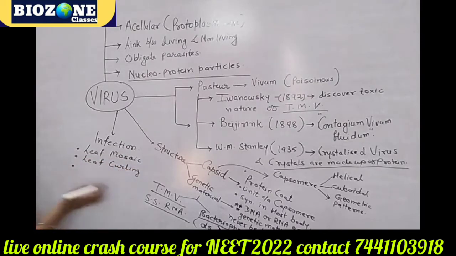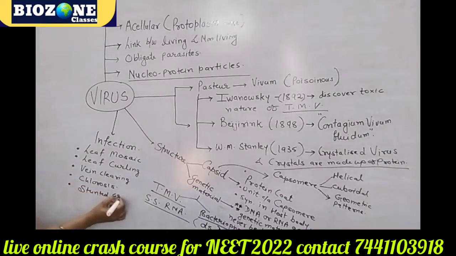Secondly, vein clearing, chlorosis, loss of green color and leaf become yellow in structure. That is called as chlorosis, as well as stunted growth. If these features appear in plant, that means the plant is infected by the virus.